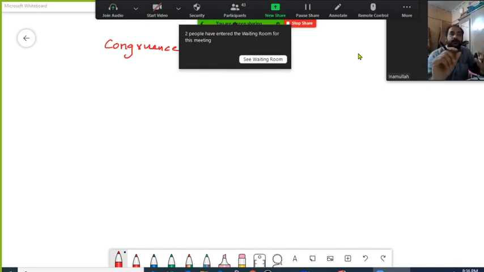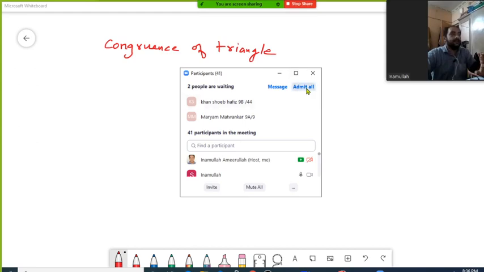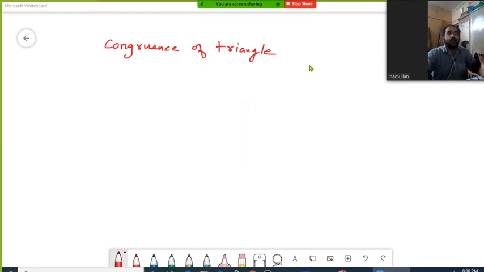So we can say football, cricket ball and tennis ball are similar, not congruent, because a football has a bigger radius than a tennis ball or cricket ball, which have a comparatively smaller radius. So their dimensions and sizes are different, but they look the same. So we can say that they are similar.